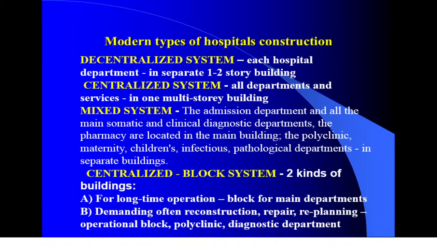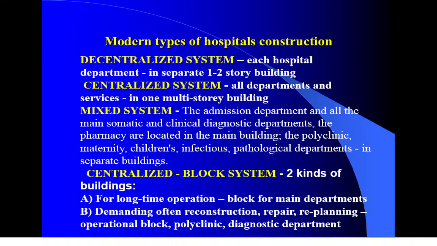And now we should discuss different kinds of hospital construction. Many years ago, hospitals had a specific system of construction. Usually it was the pavilion type, when woods were absent, and in one building, many beds and many patients were in one big premise.